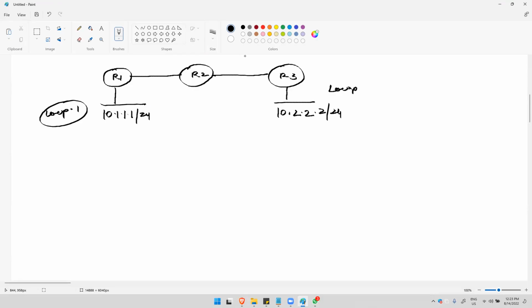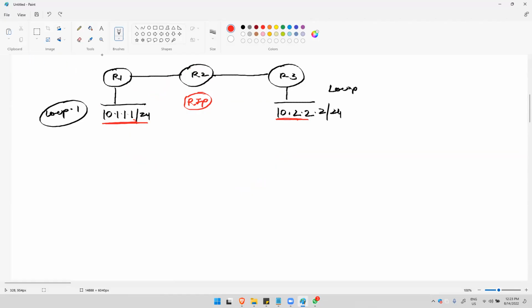If I'm using the RIP protocol, is communication possible from this side to this side? If you are using RIP, the communication is possible. And from R2 to R1 also possible, because when we advertise the networks.